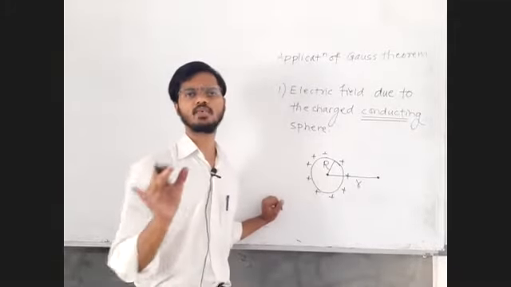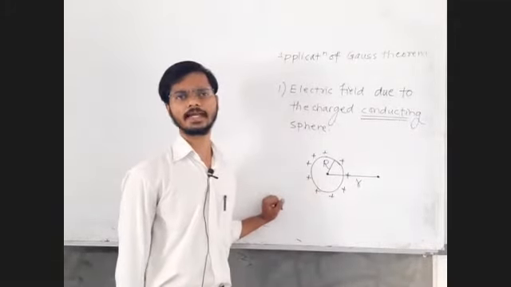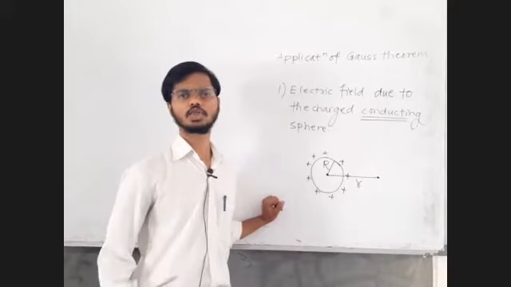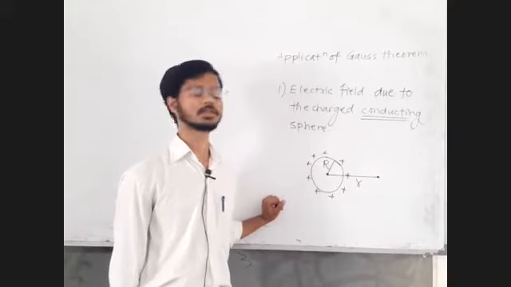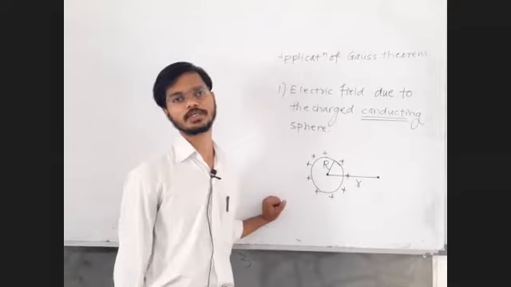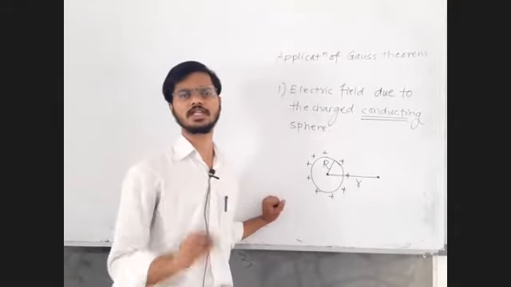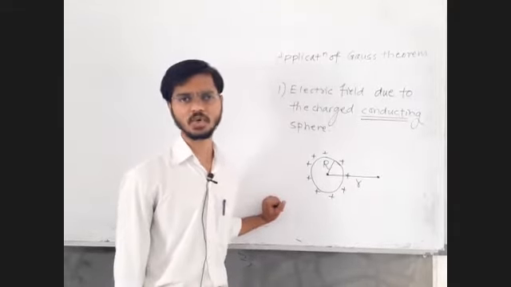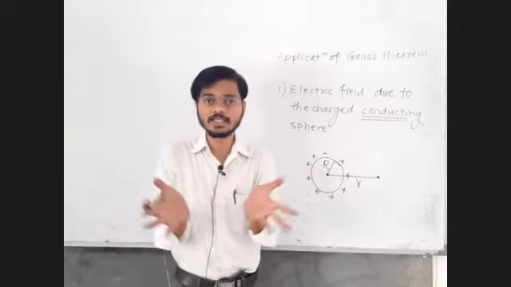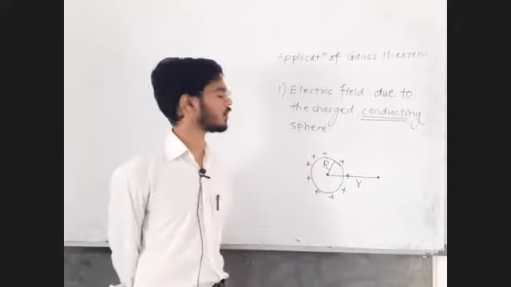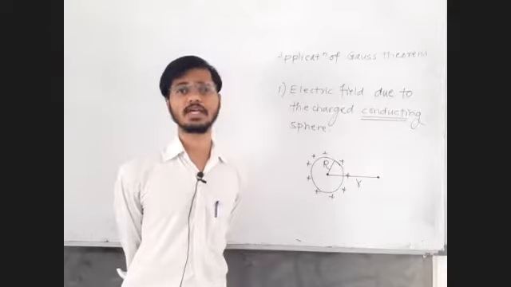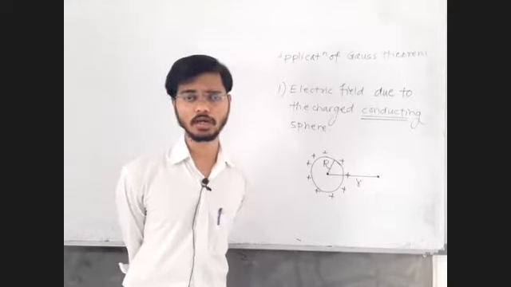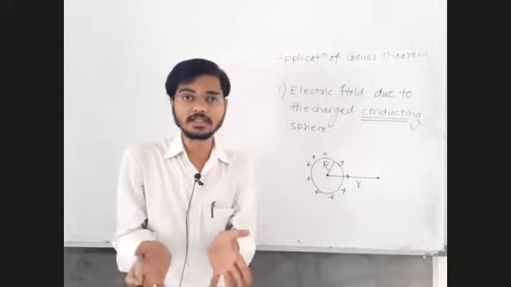The point at which you want to find out the electric field should lie on the Gaussian surface. What is a Gaussian surface? A Gaussian surface is an imaginary surface drawn in such a way that it encloses your charged system.